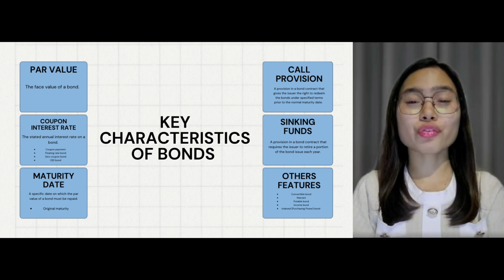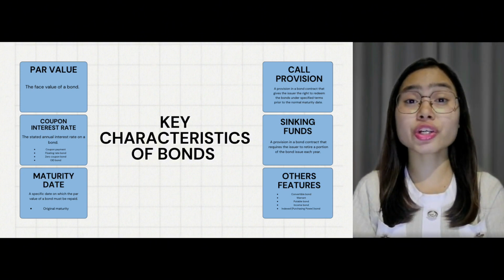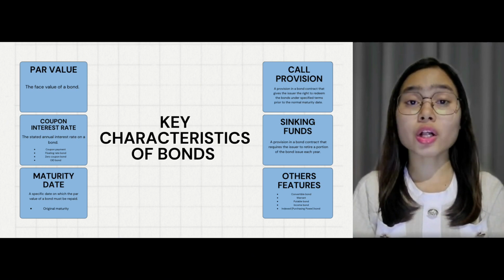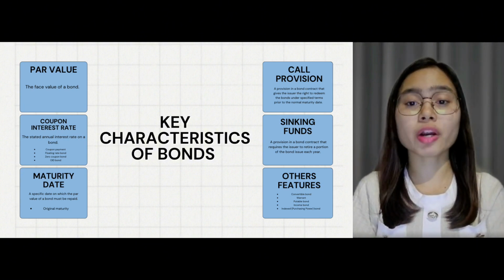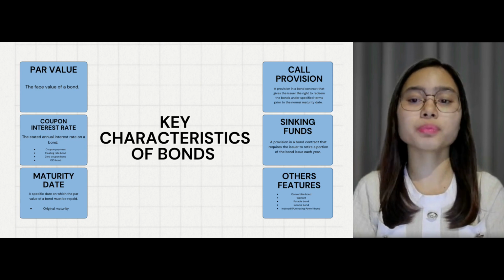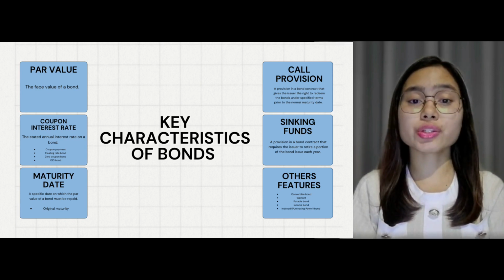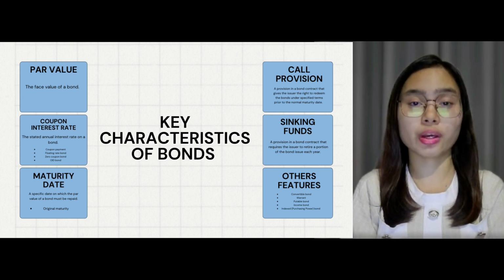Call provision. Most corporate and municipal bonds, but not Treasury bonds, contain a call provision, which gives the issuer the right to call the bonds for redemption. This also generally states that the issuer must pay the bondholders an amount greater than the par value if they call. The additional sum, which is termed a call premium, is often set equal to one year's interest.